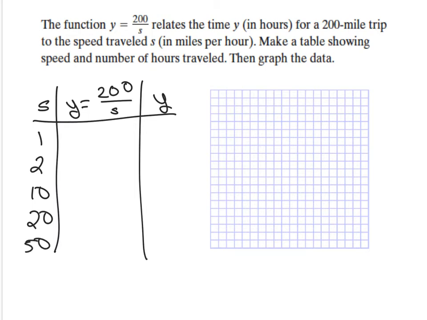And these are all things that you're going to want to be able to graph in a little while. So you want to make sure that they're numbers that you can graph. Maybe 50 might be a little bit high for us to graph right now. So maybe let's try 10, 20, and maybe 25.